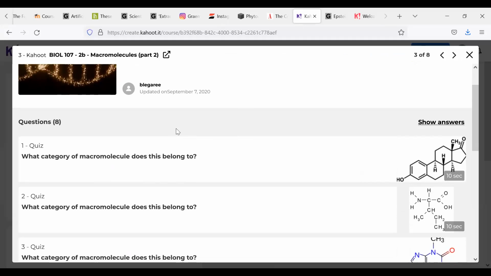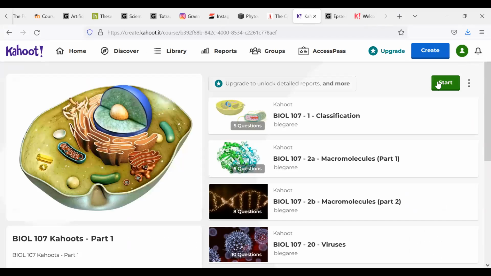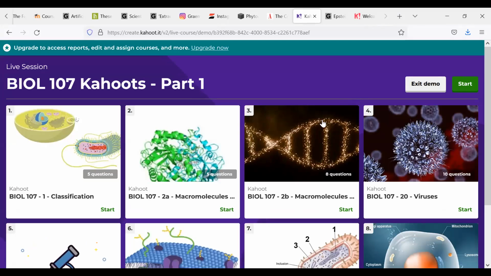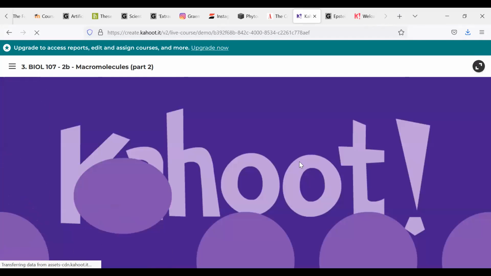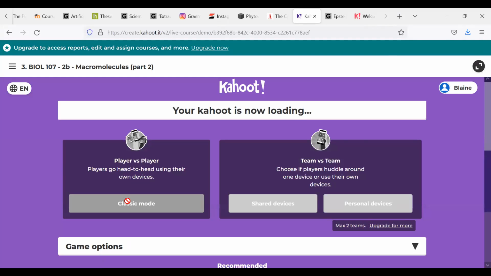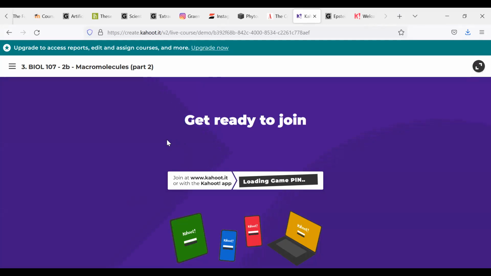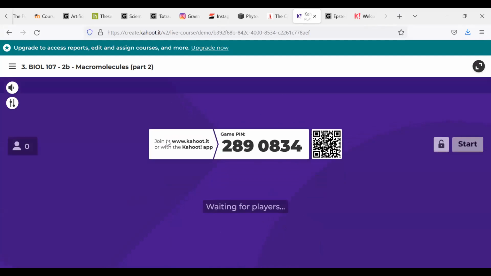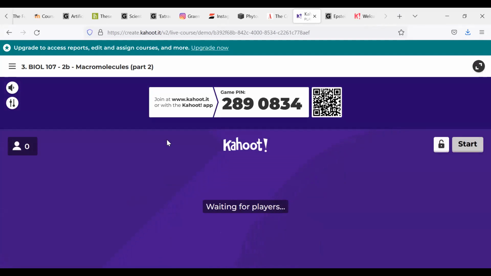Okay, there we go. So we hit start here, and macromolecules part 2. There we go. All right, get ready for the pin number. Here it comes. It's 2890834.